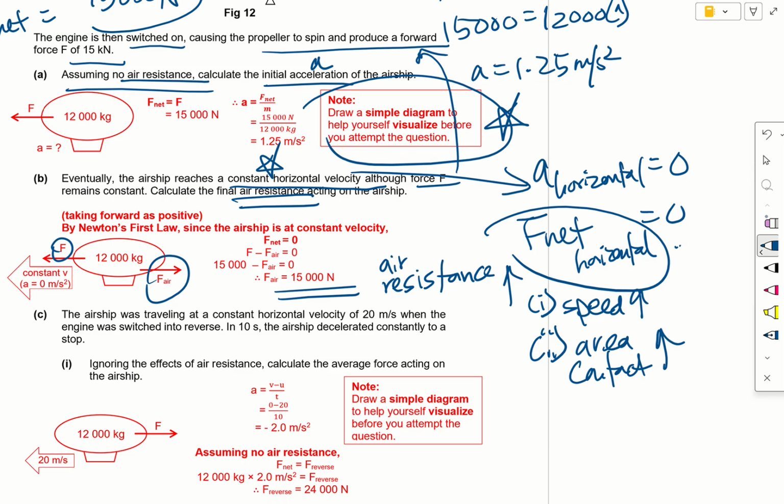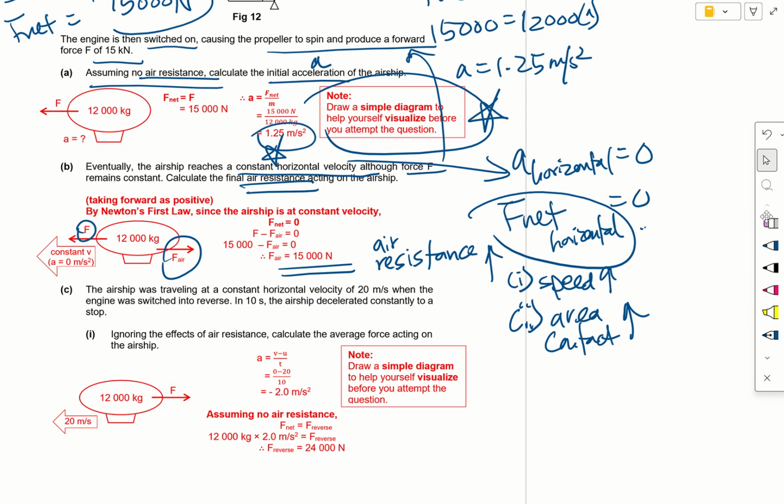Why was there an increase in speed? Because in part A there was an acceleration. Air resistance can also be due to the density of air increasing, but since they didn't mention anything about that, the only reason why there is more air resistance is because the speed increases, and speed increases because there is acceleration.